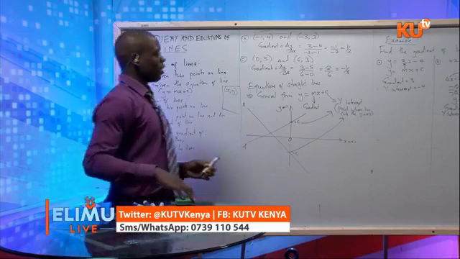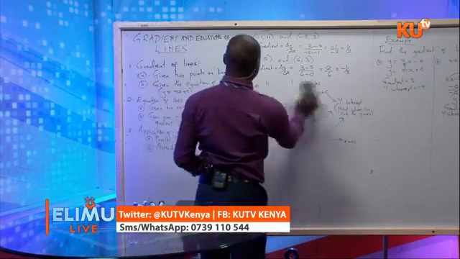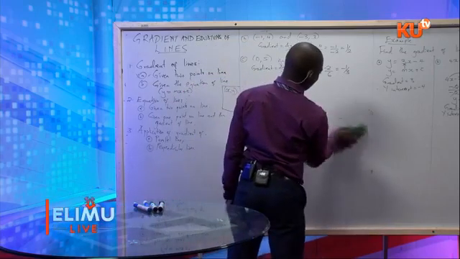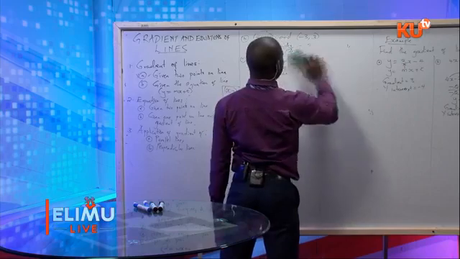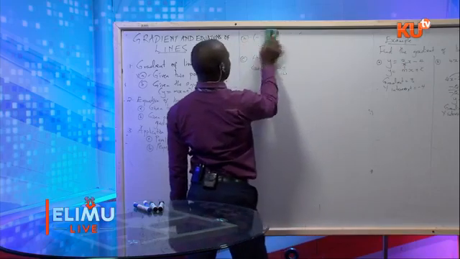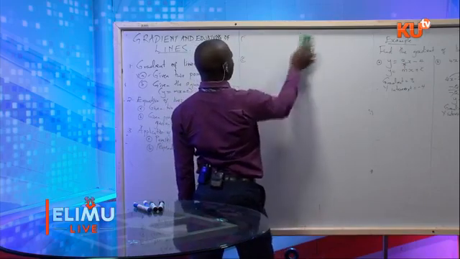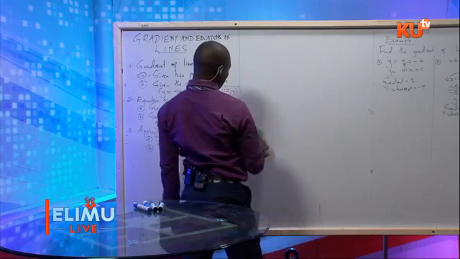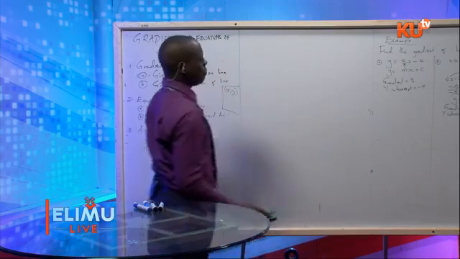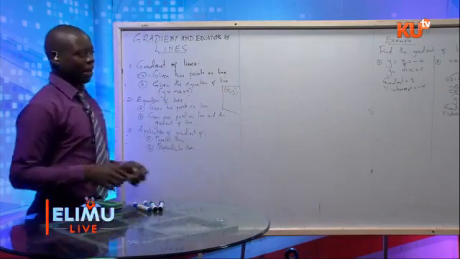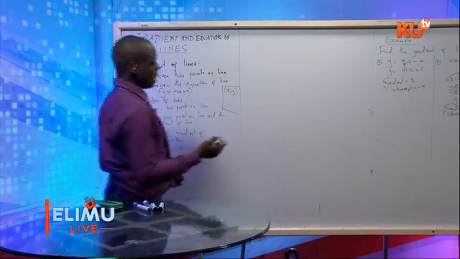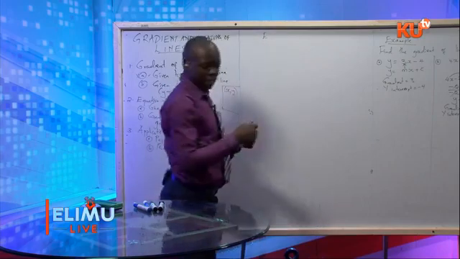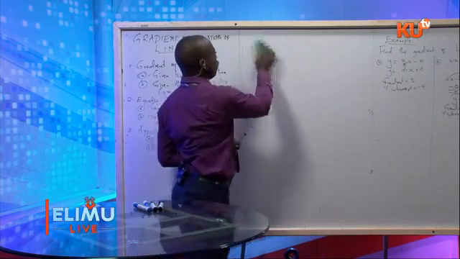At any point on the straight line, the gradient remains the same. However many points you use on the same straight line, they will give the same gradient.